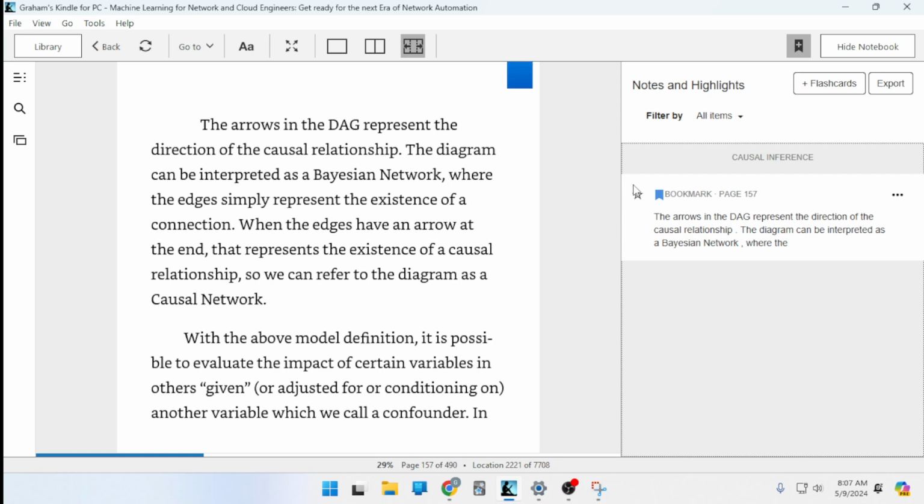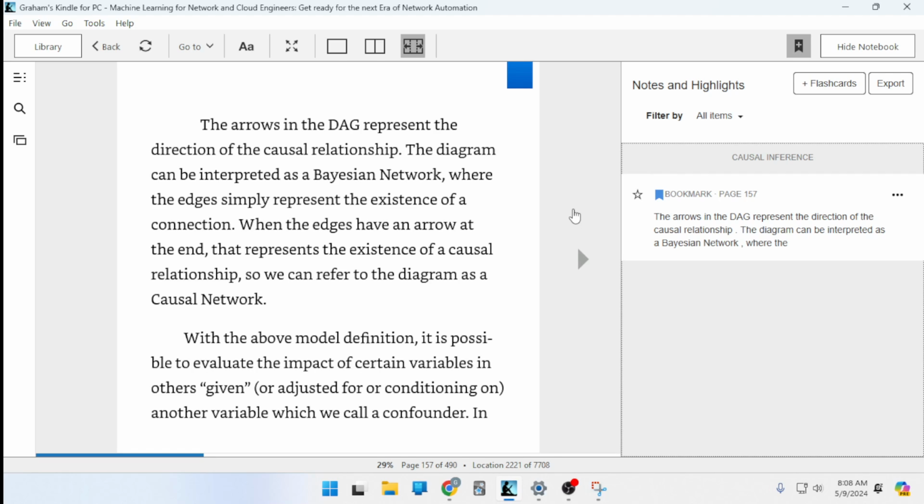The arrows in the DAG represent the direction of the causal relationship. The diagram can be interpreted as a Bayesian network where the edges simply represent the existence of a connection. When the edges have an arrow at the end, it represents the existence of a causal relationship, so we can refer to the diagram as a causal network.